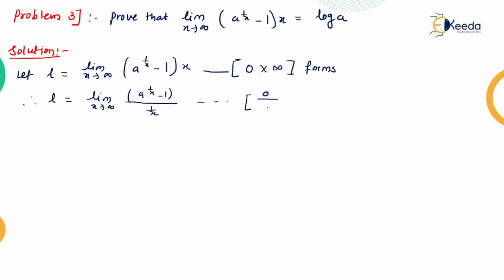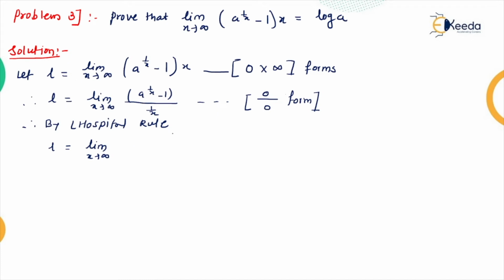And if this takes 0 by 0 form, then we directly use L'Hospital rule.